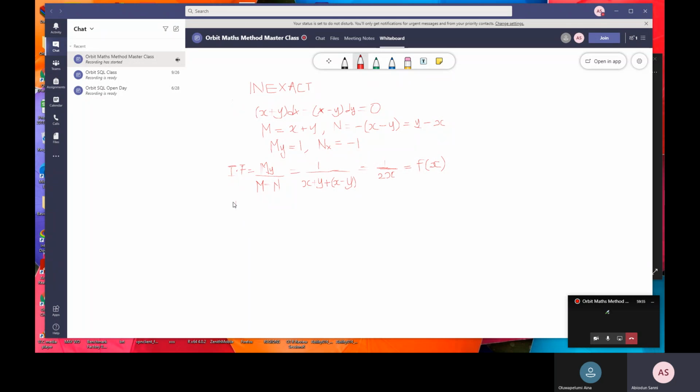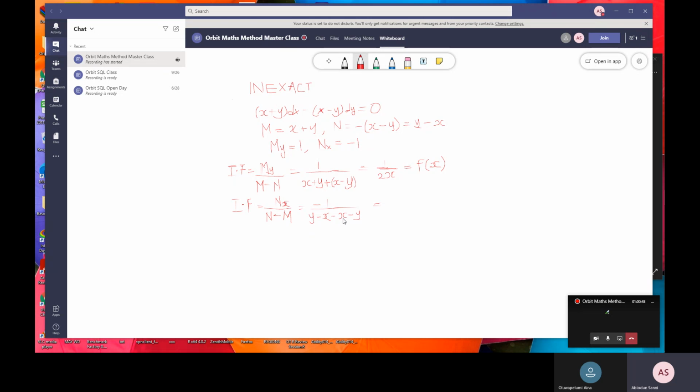But if I use N, I'm not doing N minus M in this case, so it's going to be Nx all over N minus M. So that will be minus 1 all over y minus x. This is my N minus x minus 1 minus y.